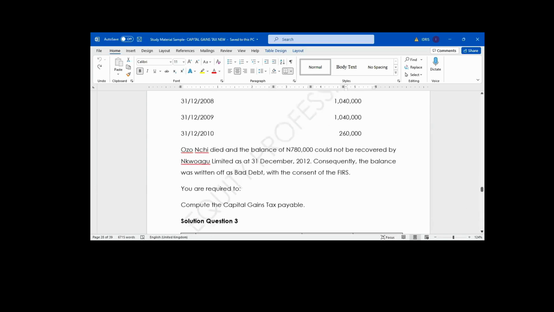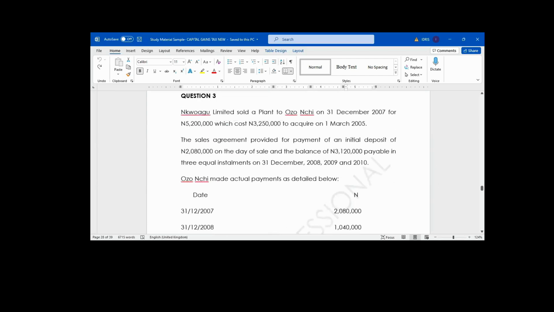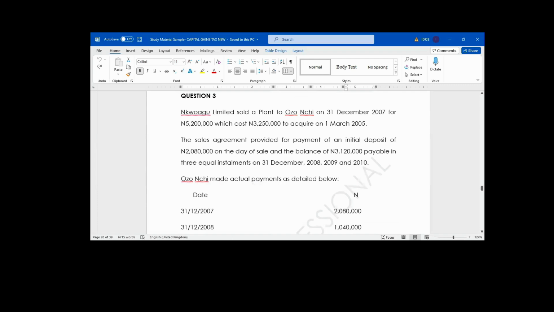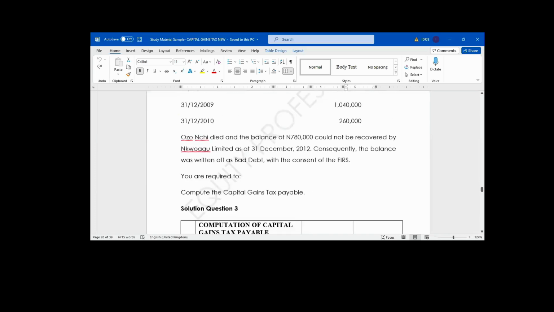Okay, thank you very much. Now, first and foremost, Nkwagu sold an asset to Ozonchi on 31st December 2007. How much is the sales proceed? 5.2 million. How much is the cost of acquisition? 3.25 million.